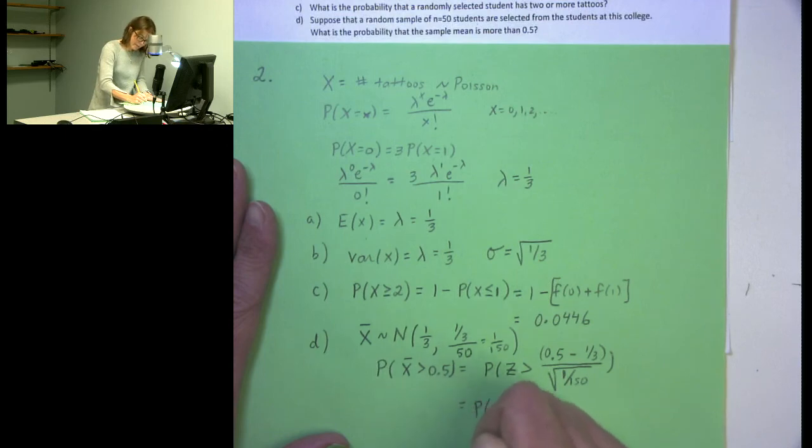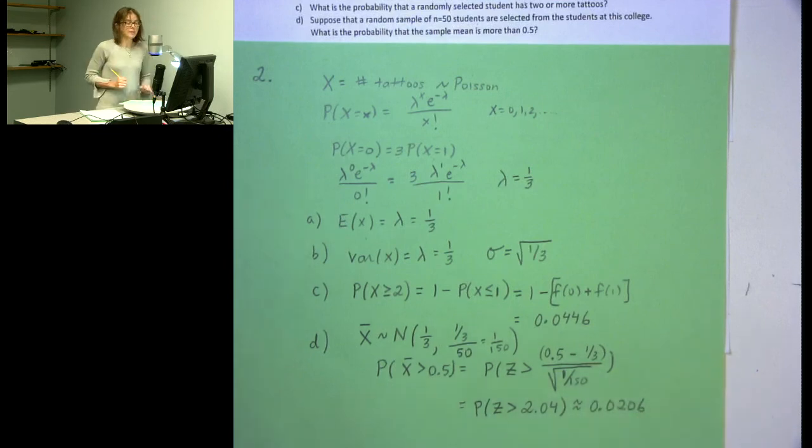And that's the probability that a standard normal takes a value greater than approximately 2.04, which is around 0.0206. And there's our second problem.